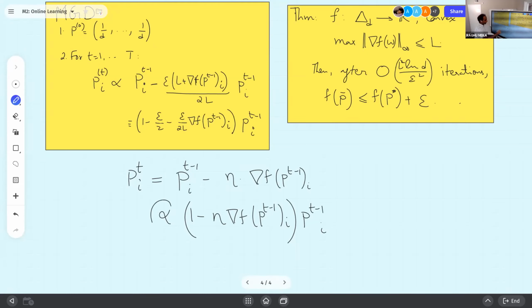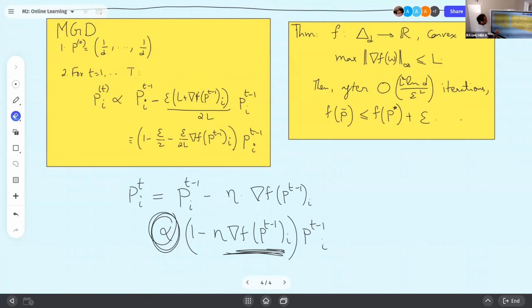The proportionality sign is because you have to be on the simplex, so you multiply all the coordinates and then rescale them so that they add up to 1. And you need to tweak this multiplication factor a little bit so that you never become negative, and that's what this small additive shift is. Okay? Any questions about this algorithm?